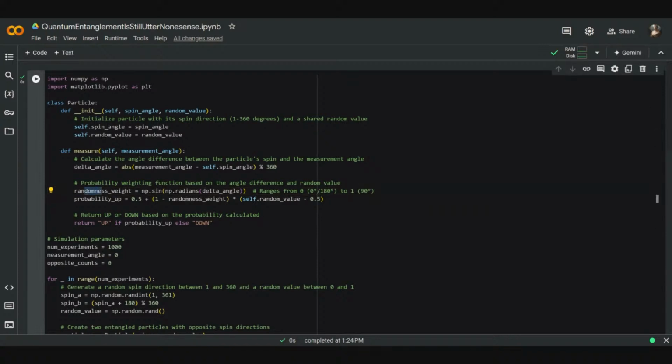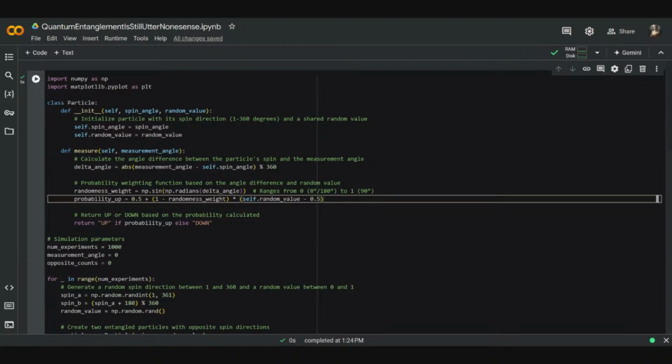How heavy is this guy? It needs to balance between the random value and the delta angle. Anyway, I need to run up if probability is up. I don't know. I need to think about this. This is a little bit confusing. But it should work. I mean, there's no way in the world this is not going to work.